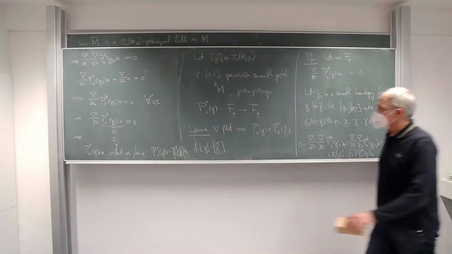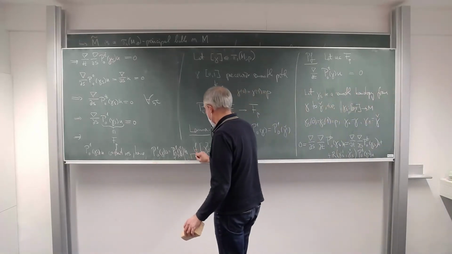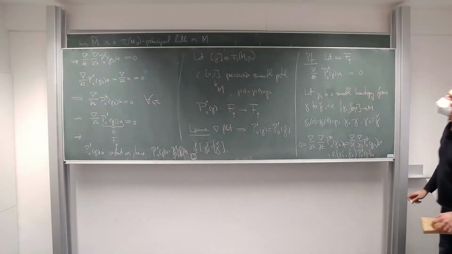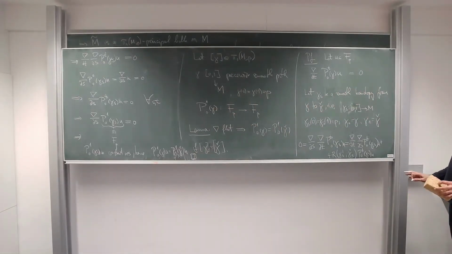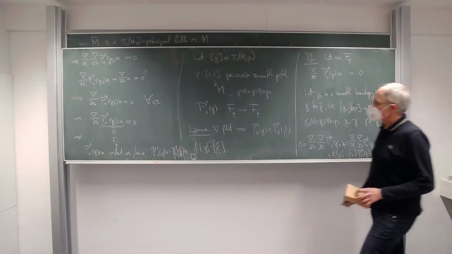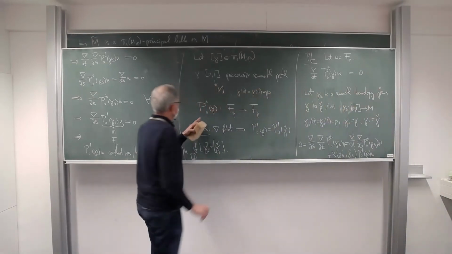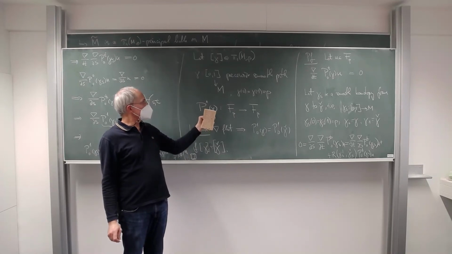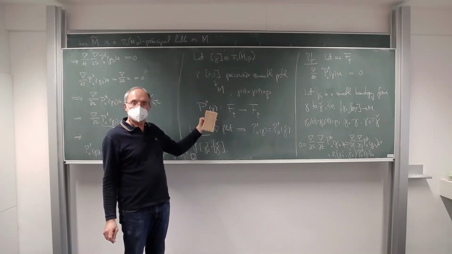Good, so that's the proof of the lemma. And so this flatness of our connection allows us to consider this parallel transport as something which depends not on the actual path gamma, but only on its homotopy class.